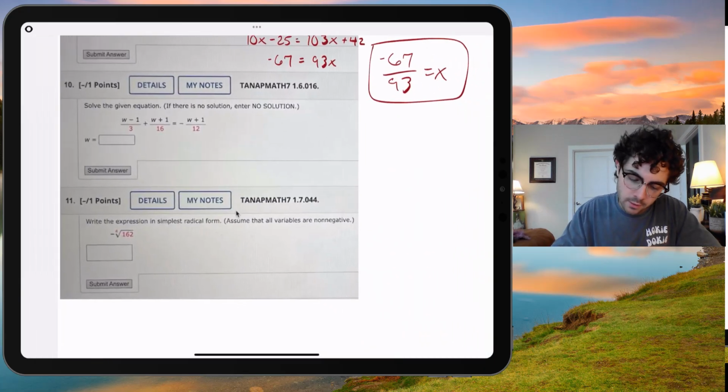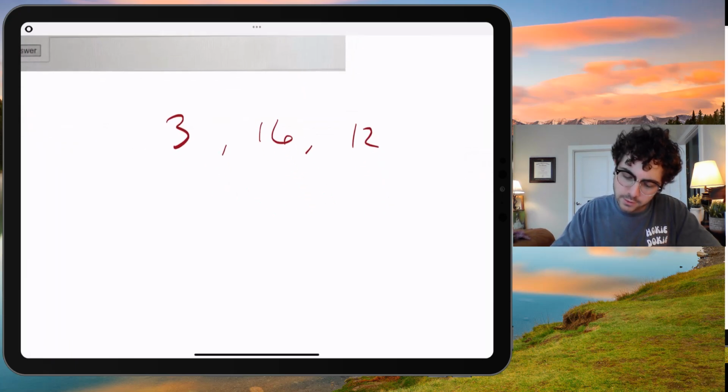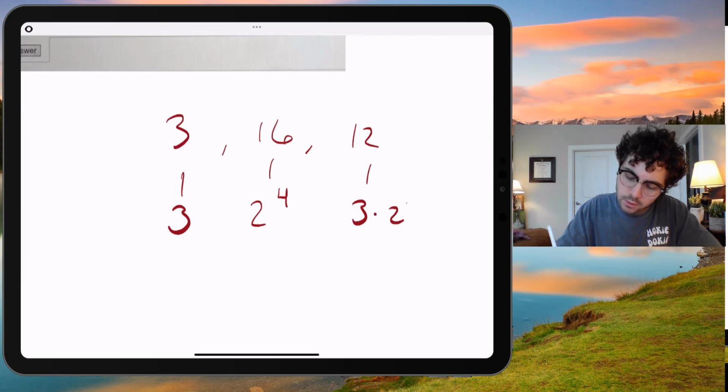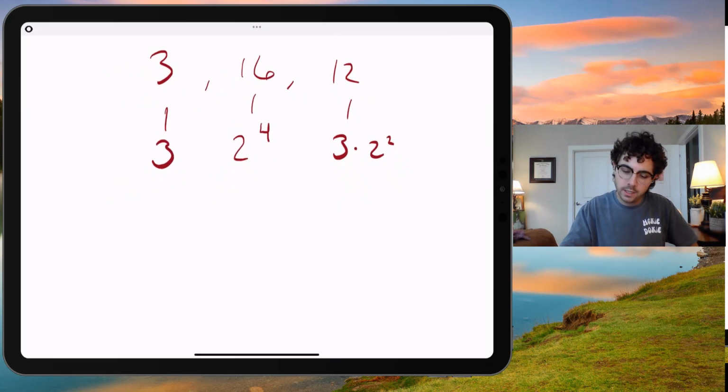Okay, well, if you have 3, 16, and 12, what factors do they share? Well, 16 is just a bunch of 2's. It's 2 to the 4th. 3 is just 3. 12 is a 3 and 2 squared. So we need a little bit of everything.